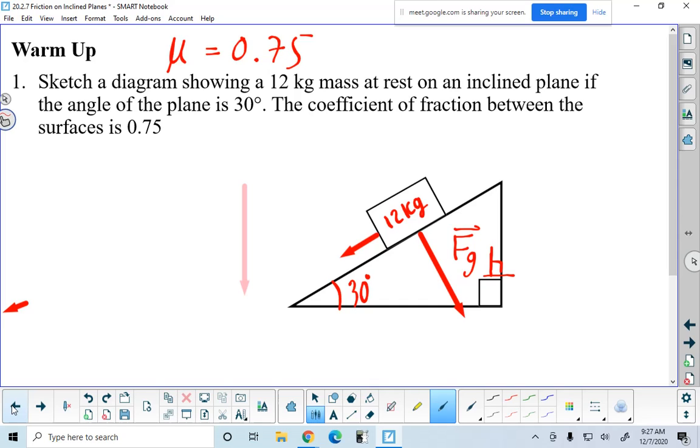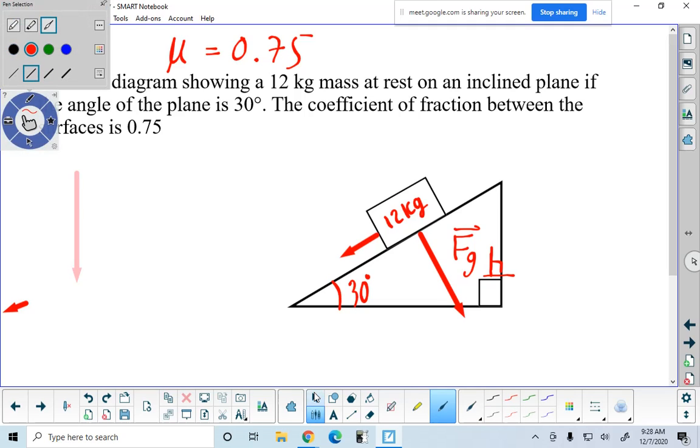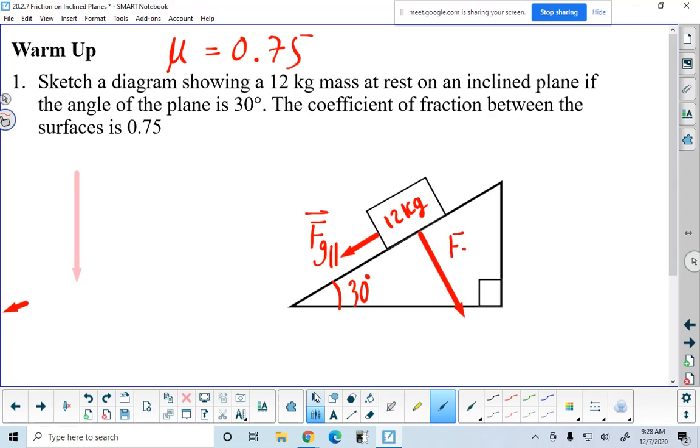And what we call the force that is acting parallel to the plane is the force due to gravity that is parallel to the plane. So we have Fg parallel, and we have Fg perpendicular.